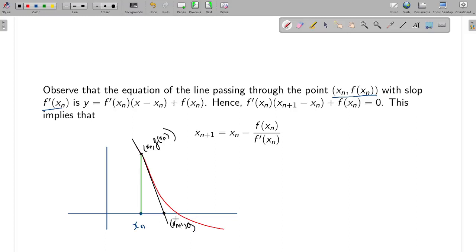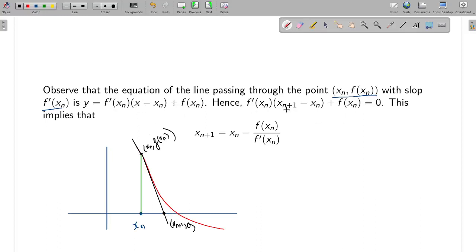So xn plus 1 is the x-coordinate of the point on the line where y is 0. So if you put y equals 0, we know that this point lies on the line, so it satisfies the equation. If in place of y I put 0, and in place of x I put xn plus 1, I get this.